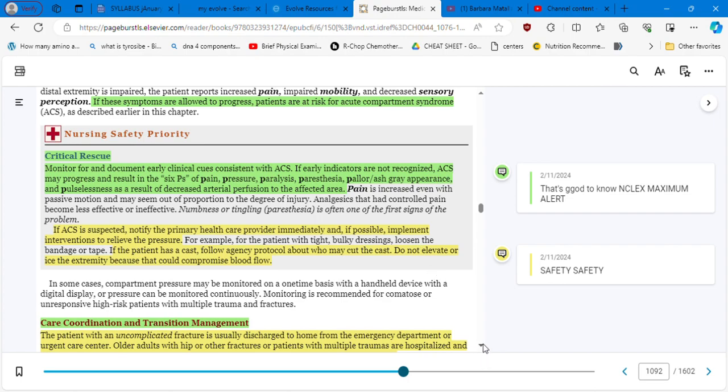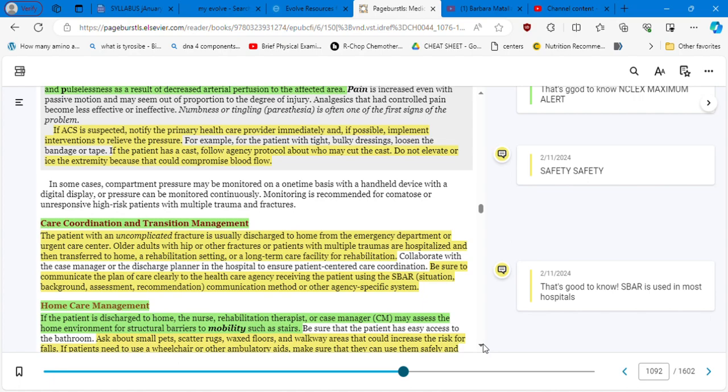If acute compartment syndrome is suspected, notify the PCP immediately, and if possible, implement interventions to relieve the pressure. If the patient has a cast, follow agency protocol about who may cut the cast.